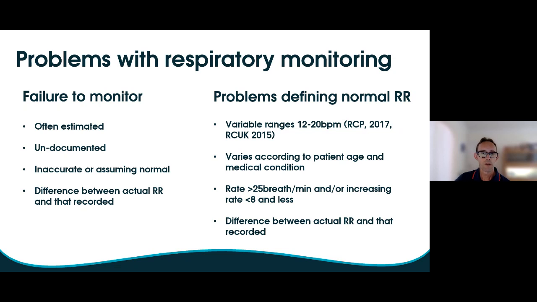However, this can vary according to the patient's age and medical conditions. It's generally accepted that respiratory rates higher than 25 breaths per minute and those less than 8 breaths per minute show signs of abnormality, possible deterioration.